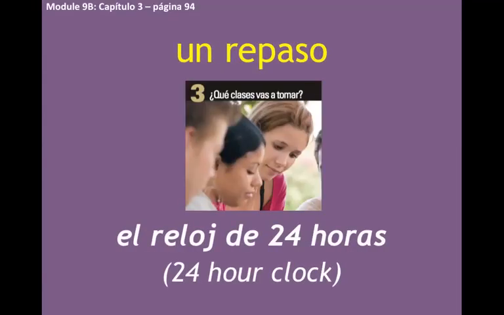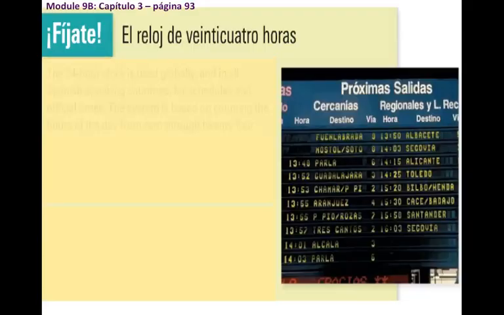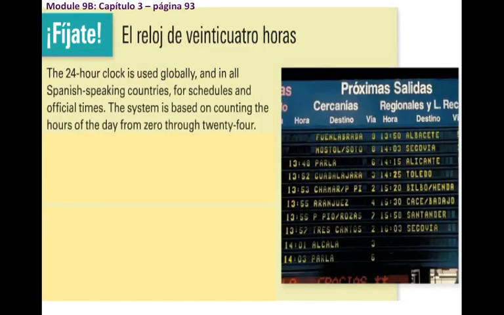Fíjate, have a look. We're going to look now at the 24-hour clock, el reloj de 24 horas. The 24-hour clock is used globally. We're pretty much the only country that doesn't use this on a regular basis for train schedules, plane schedules, etc. But you will see this in all other parts of the world, and particularly in all Spanish-speaking countries for schedules and official times.